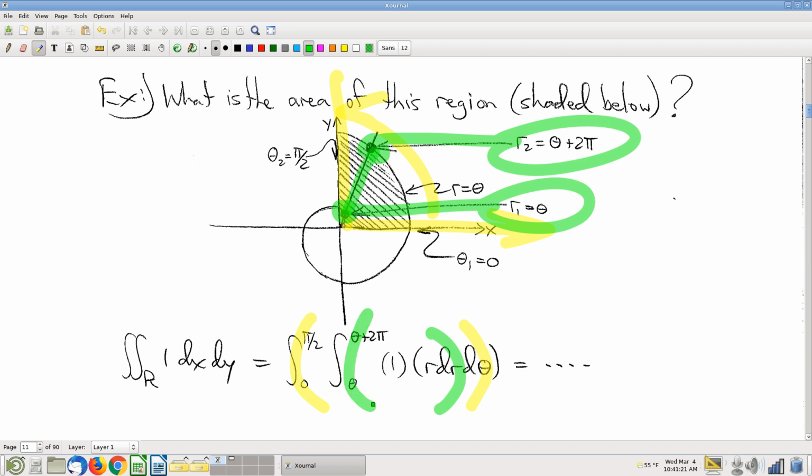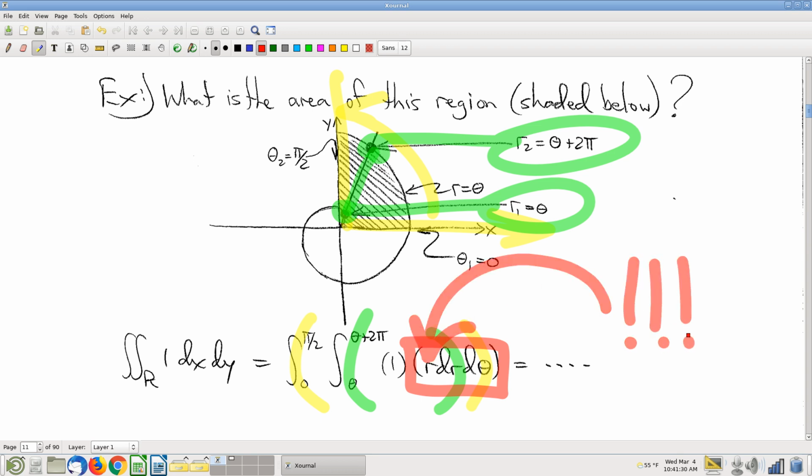And there you go. And don't forget your stretching factor. Again, we spent so much time focused on the bounds, this would have been a great opportunity to forget that stretching factor, right? But if you always write down r dr d theta all at the same time, you've got a little insurance policy against forgetting that stretching factor.